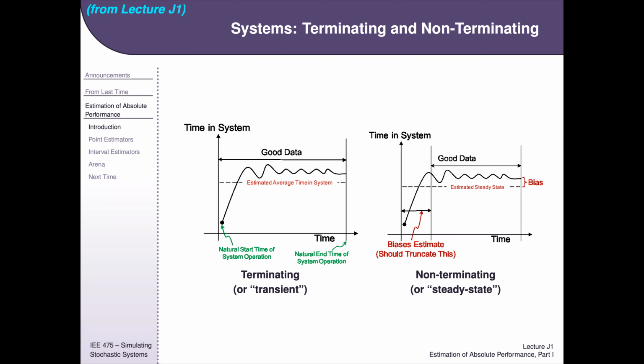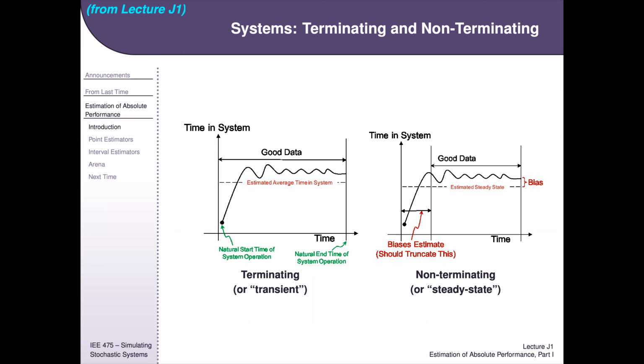If we include too much of this transient and average over this entire time period, then our estimated parameter is going to be low because it's including this junk data. So if we accidentally include too much of the warm-up period, we are going to create a bias in our estimate where the real world steady state value will be up here, but our reported steady state value will be lower than that. And that's what we need to eliminate bias.